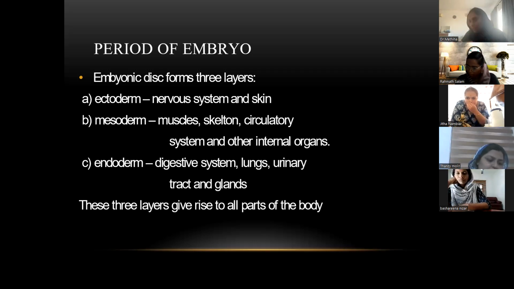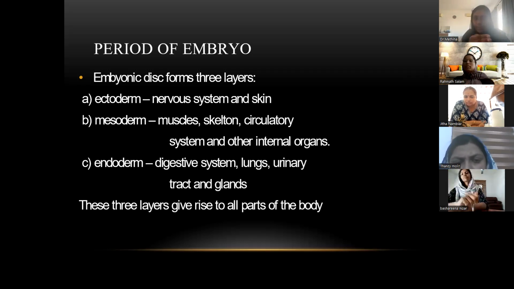Initially, that is a very small structure. That means it is only getting developed. So this is just 3 layers of a structure: ectoderm, mesoderm, and endoderm. The ectoderm develops into the nervous system. That means brain and skin will develop from the ectoderm layer.